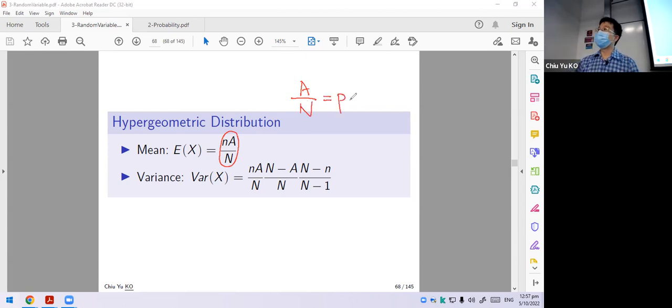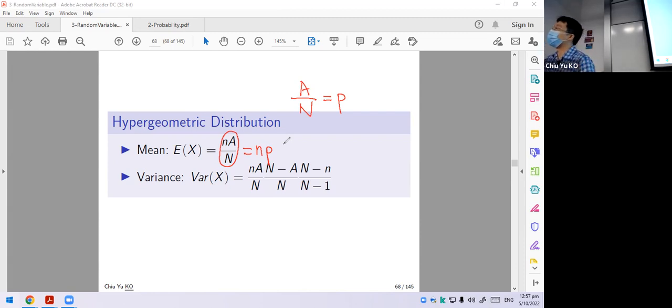If you repeat this like binomial, you're supposed to put it back, each time should be a over N. You draw it with replacement, that is a over N. So with the hypergeometric, the very funny thing is the mean is actually no difference, the same as np. Sometimes it does mean that when you sample with replacement and without replacement, the mean is the same. That is actually the fact.